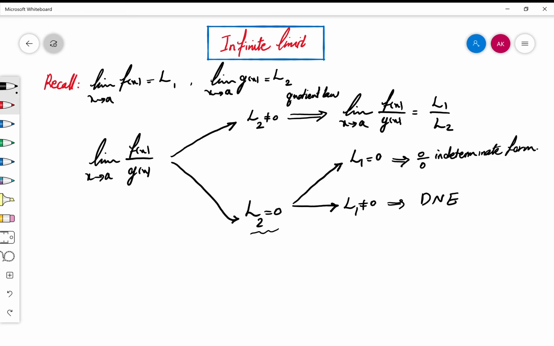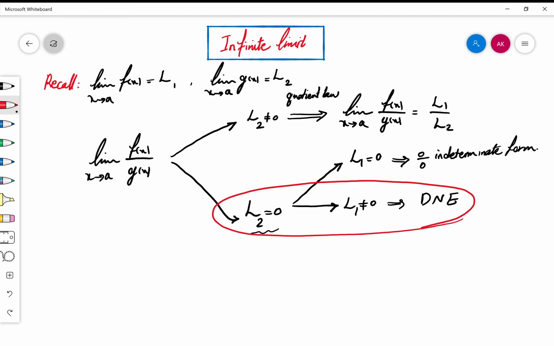But if you look a little bit carefully on this case, where limit of the denominator gets smaller and smaller because it gets closer to 0, so limit of f of x over g of x as x goes to a, the denominator is a small number, and the numerator getting closer to L1, which is non-zero.